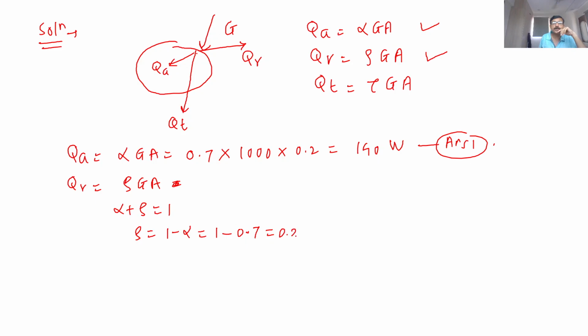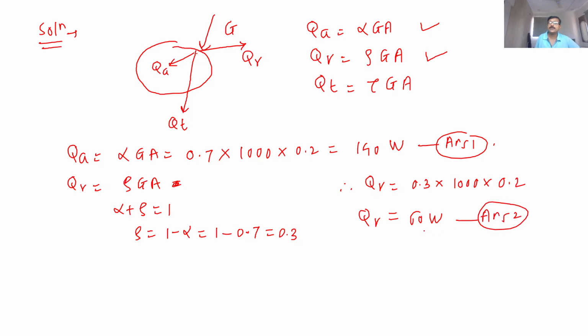So rho becomes 0.3. Therefore QR is equal to rho value 0.3, G value 1000, and area value 0.2. The answer of QR is 60 watt after calculating on the calculator, and this is your answer number 2.